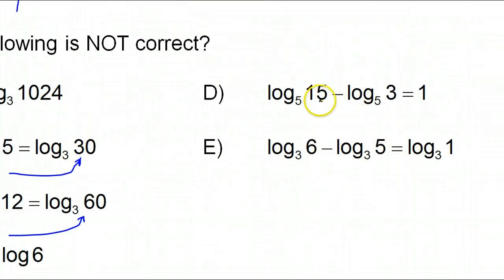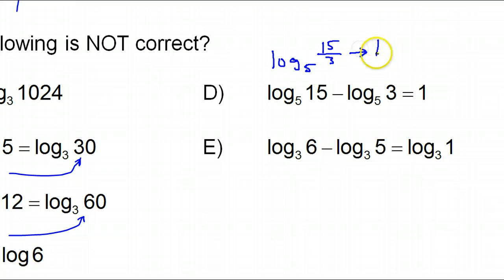Okay, when you are doing a subtraction problem, you must create a division problem when you condense. So this will condense down to log base 5 of 15 over 3. You have to divide. This gives you log base 5 of 5, because 15 divided by 3 is 5.